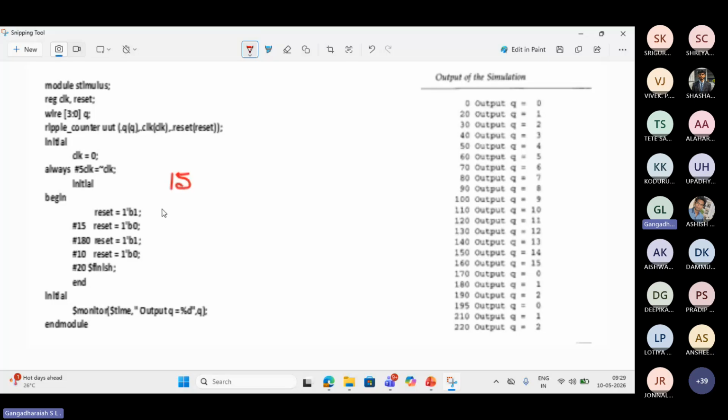From 15 for 180 time units, which from 0 is 15 plus 180, that is 195. So from 15 to 195, according to this test scenario, my reset becomes 0.